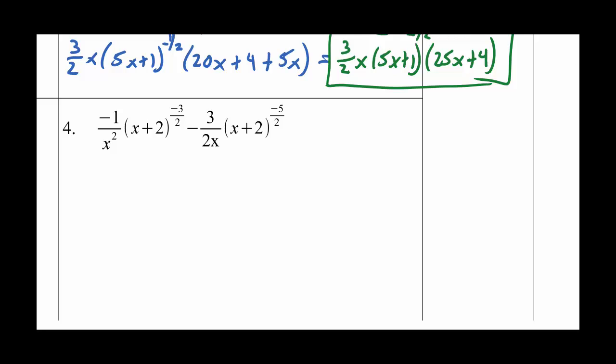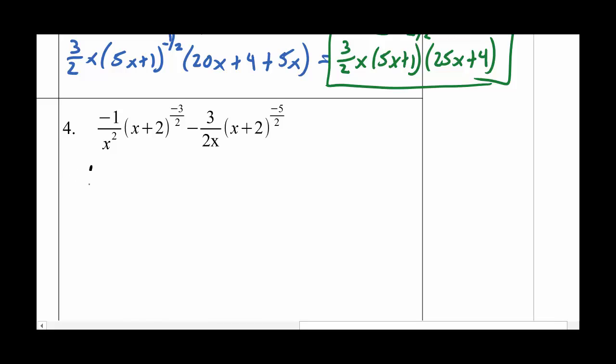All right, so number 4, I'm gonna rewrite this real quick because we have a lot of rules dealing with negative exponents. So sometimes if we see fractions, we're not quite sure what can come out of that.